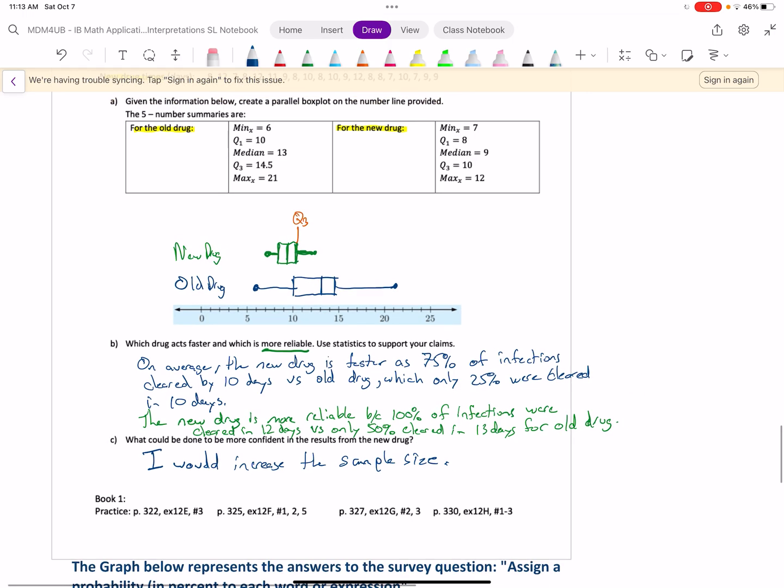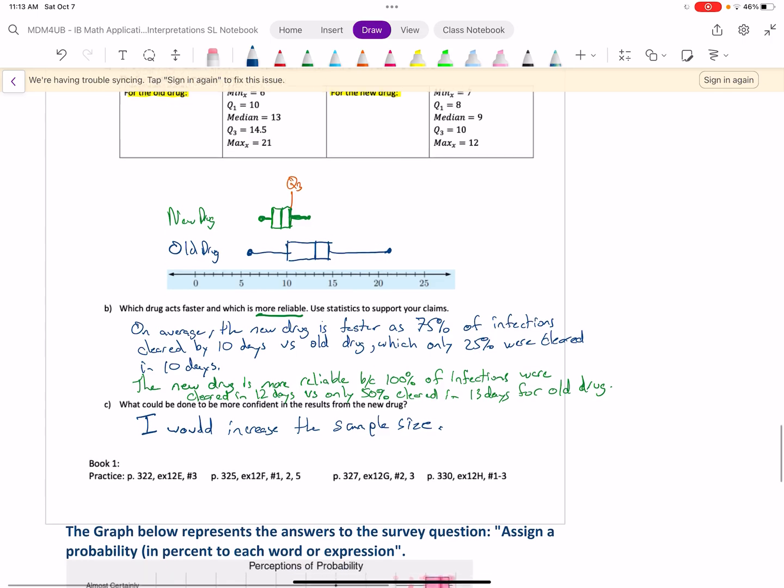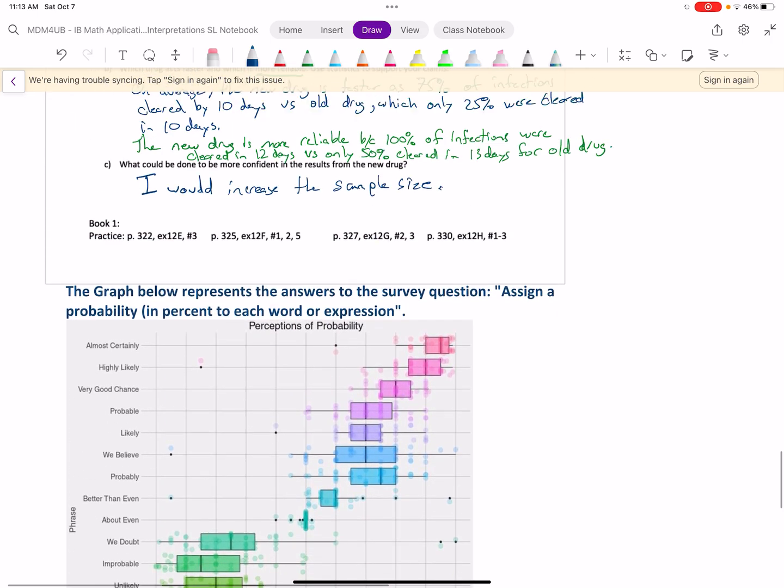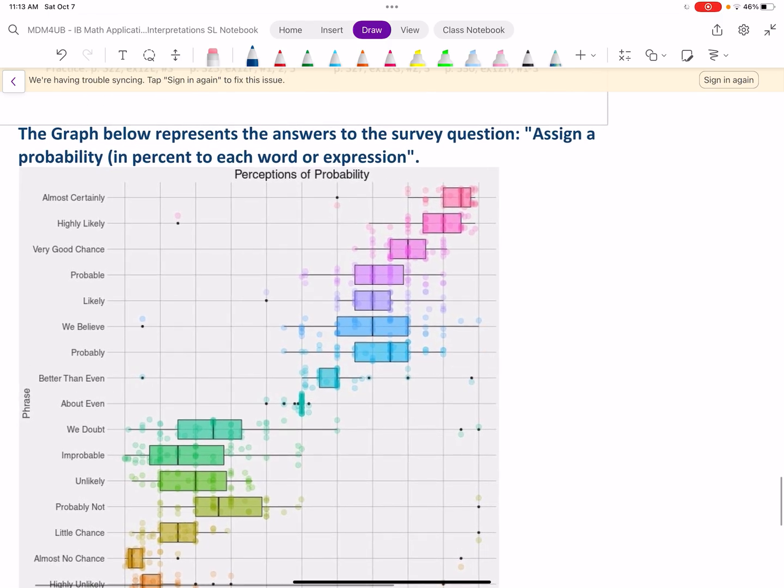Okay, so you can see lots of different uses. And now that you've seen box plots, I'm sure you'll spot some different places. This is something I saw a while ago that I thought was interesting. There was a question: assign a probability in percent to each word or expression. They asked a whole bunch of different people to assign a number to, for example, if you gave a percent to the expression "almost certainly," what percent would you give?